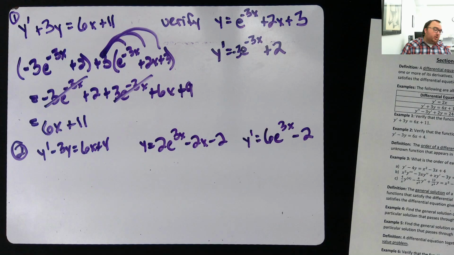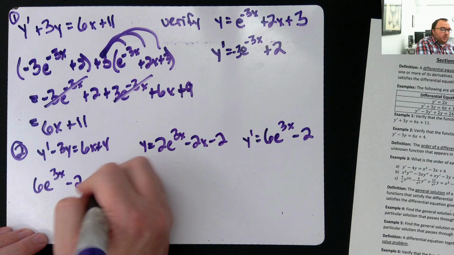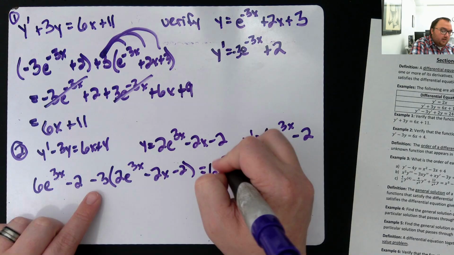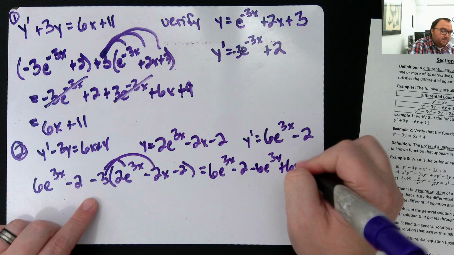So I'm good there. Now plug everything in. Y prime, we said, was 6e to the 3x minus 2, minus 3 times y, which was 2e to the 3x minus 2x minus 2. Distribute my negative 3: 6e to the 3x minus 2 minus 6e to the 3x plus 6x plus 6.